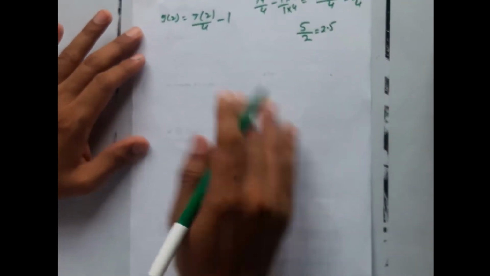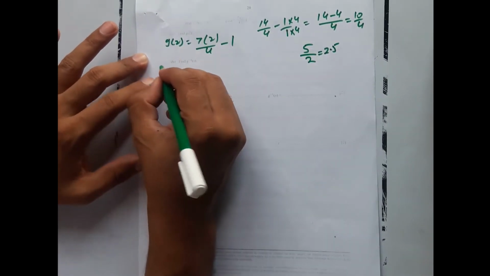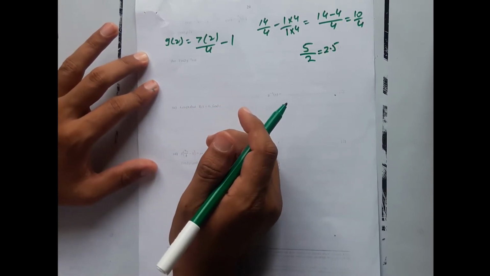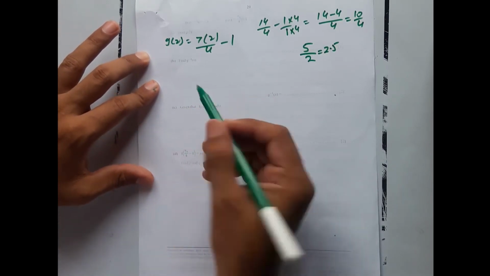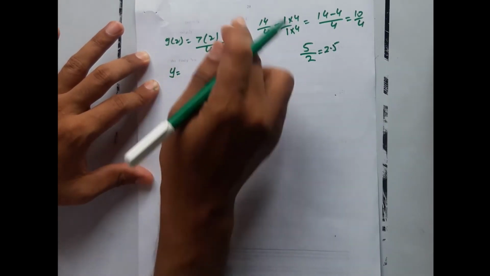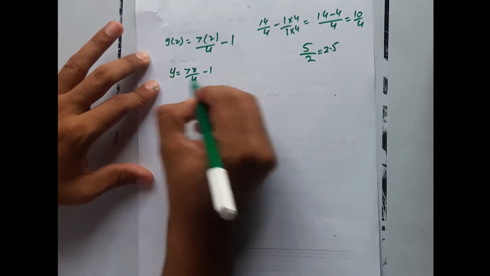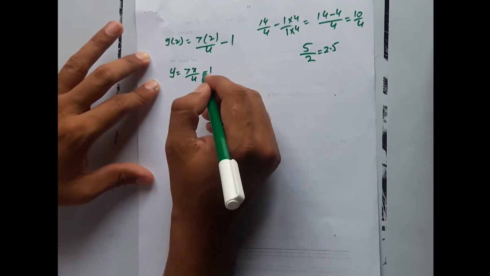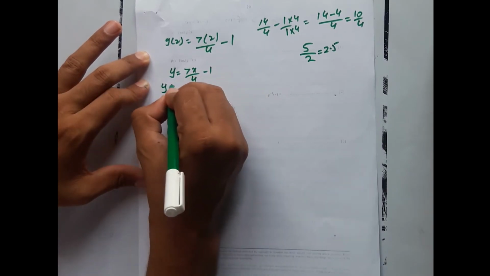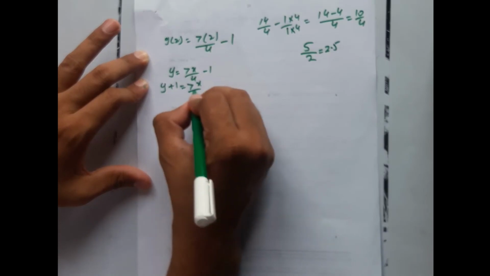Okay, now we have to find g inverse. For g inverse, you know how to find an inverse function. You can also watch my video on my channel on how to find inverse function. First we have to set this value equal to y. We have to make x the subject of the formula. We will shift 1 to the other side. So this will become y plus 1 equals 7x over 4. We will cross multiply.